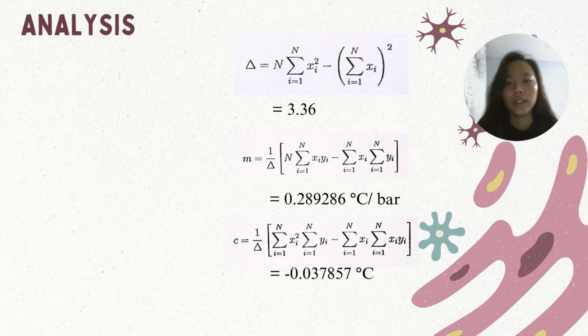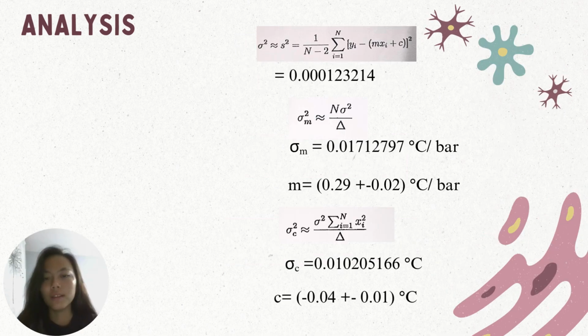The gradient we find here is 0.289 degrees Celsius per bar, and then the intersection point is negative 0.0378 degrees Celsius. This is the second part of the least square method for nitrogen gas.